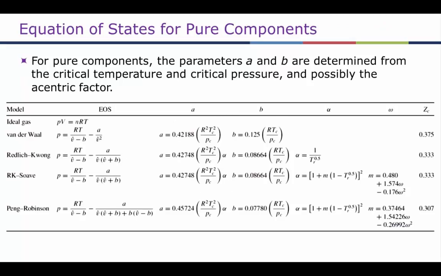For pure components, the parameters A and B are determined by their critical temperature and critical pressures and eccentric factor in some cases. Van der Waals equation does not have the eccentric factor, which was later discovered, because obviously not all molecules are perfectly symmetrical. You can have short round type molecules, whereas you can have long floppy molecules. You can have branched molecules. So all of them will behave slightly differently, which wasn't known in the time of van der Waals.